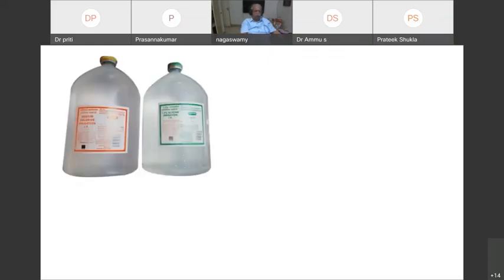So all of you would have seen these bottles in the operating room. What are they? What is it used for? Irrigation fluids, used in various surgeries like TURP and bladder wash, in laparoscopic surgery, ACL repair.